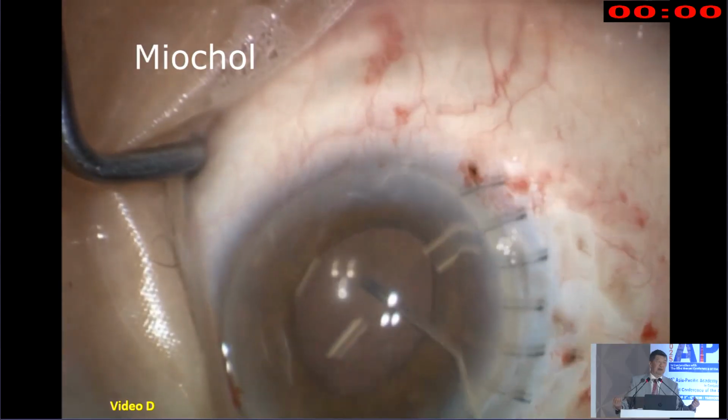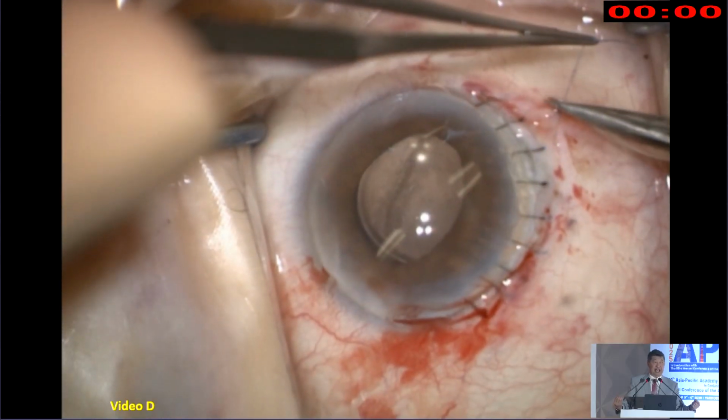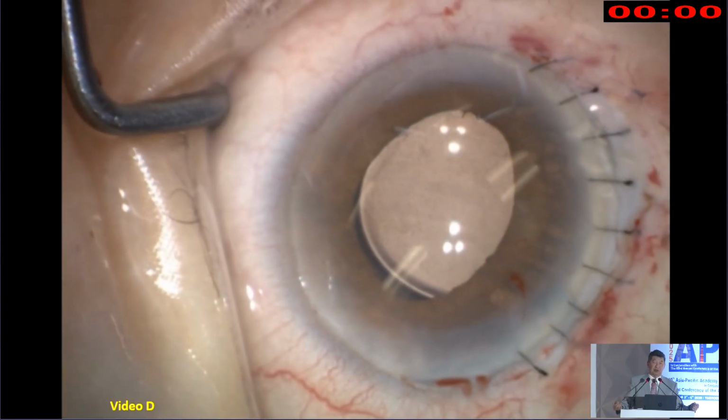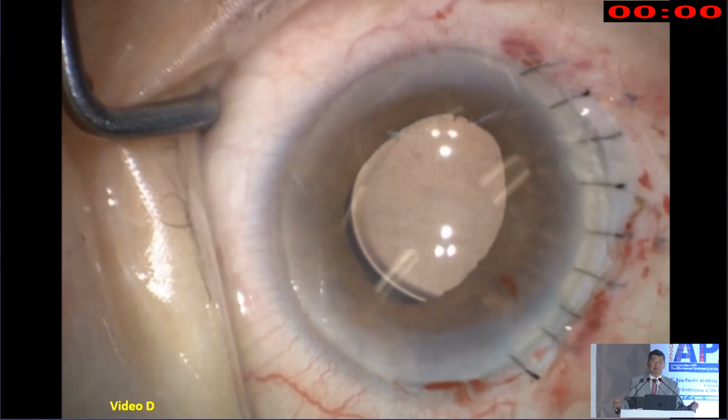And I don't really know whether the haptics will both be in the sulcus or one is out, but I can guarantee you one of those haptics, if not both, is going to end up touching the ciliary body. So I have basically created sulcus fixation, and I don't have to worry about a CT segment or any of the other hardware. And that's the benefit you get with an extra cap, okay?